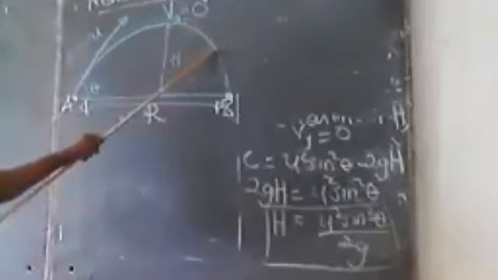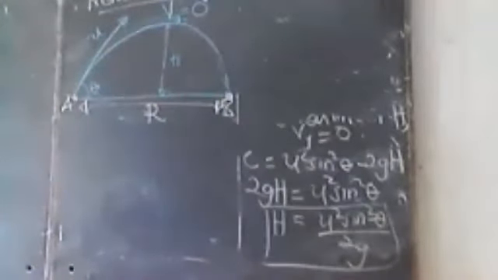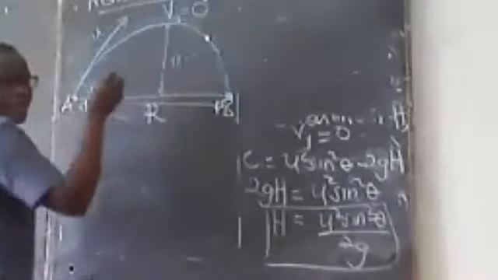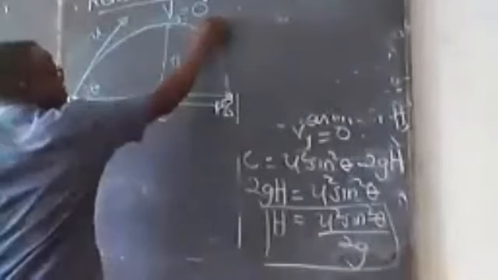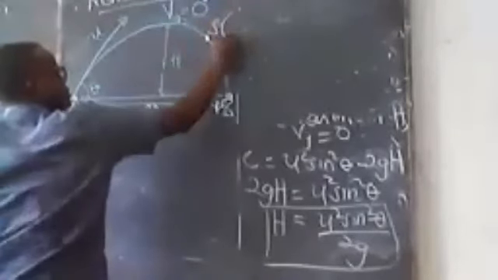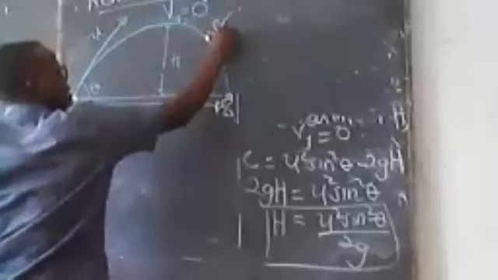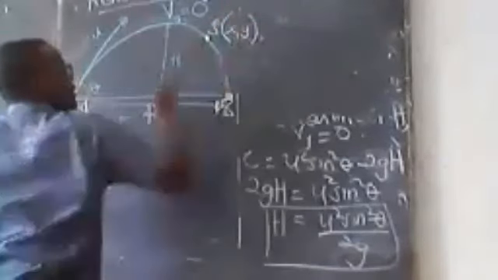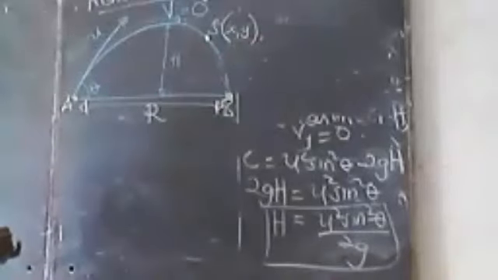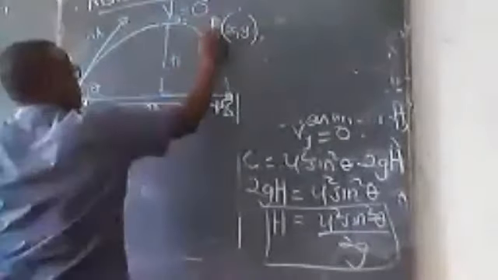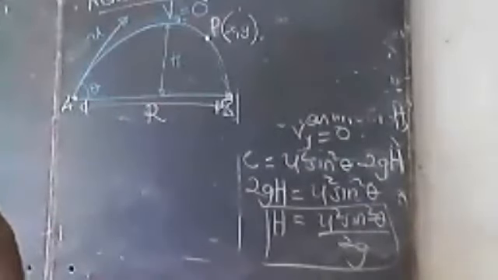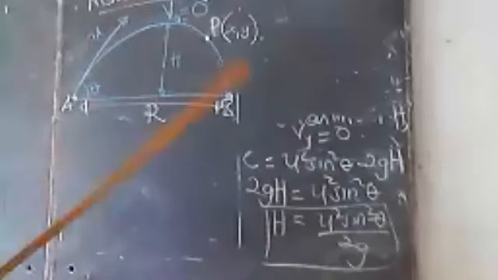If a particle is at any point P, its position can be described by x and y, where x describes the horizontal component at any time t, and y describes the vertical component at any time t.